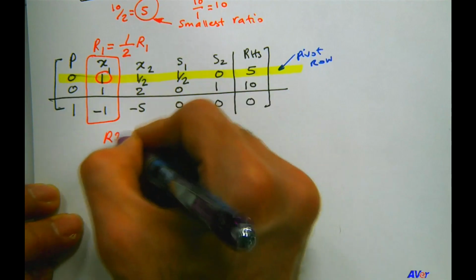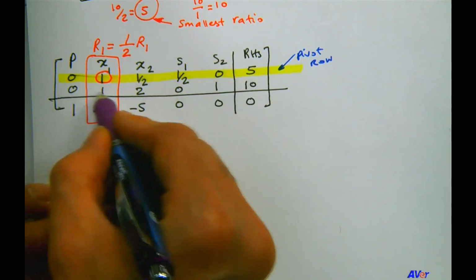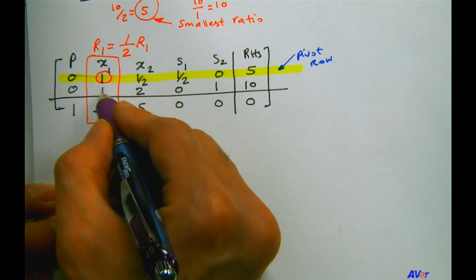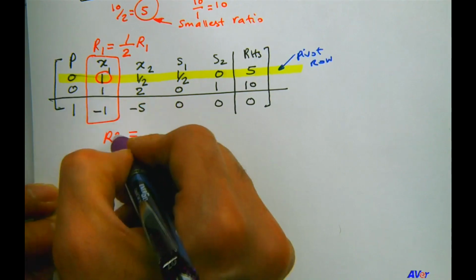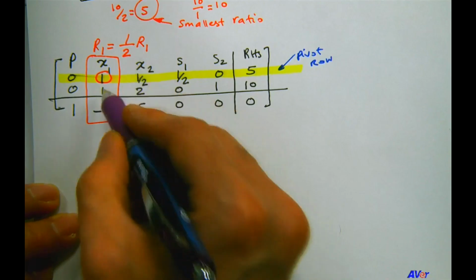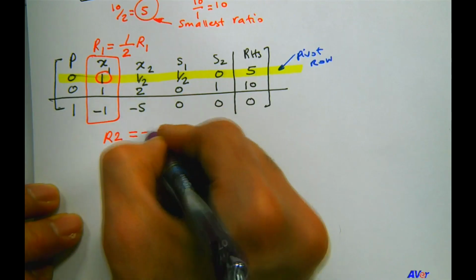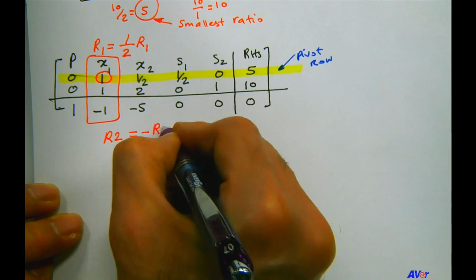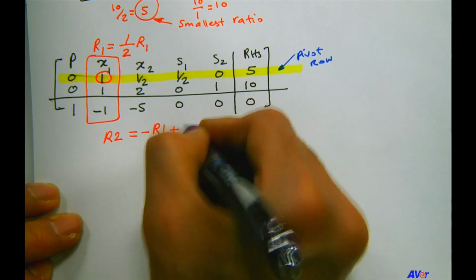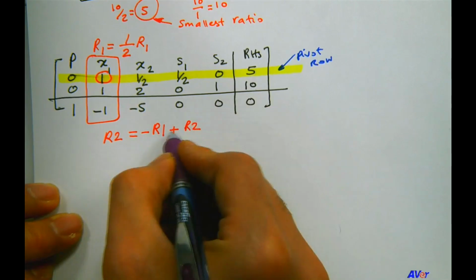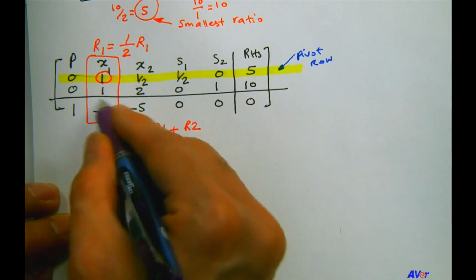So row 2, because row 2 is the row we're changing, right? We want to make this 1 equal to 0. And that 1 is in row 2. So we're changing row 2. So row 2 is equal to -1 times row 1 plus row 2. So notice I'm adding to the row that I'm changing.